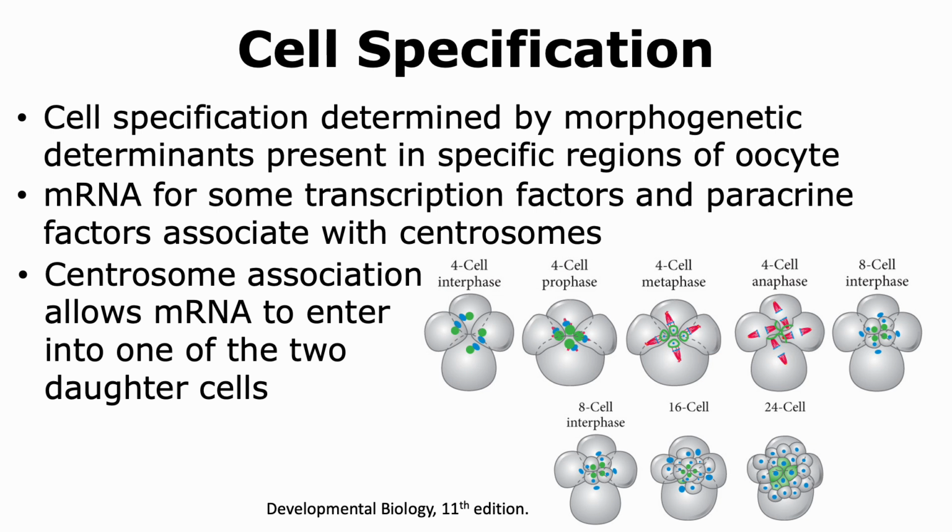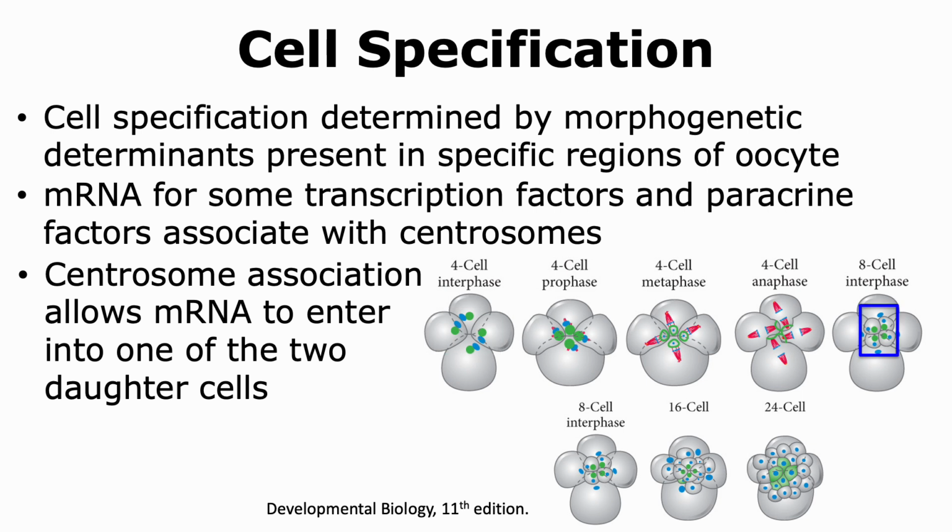This is what is shown in this figure, where let us look at this 4-cell phase, where we're going to have the mRNA of a transcription factor or a paracrine factor that is shown in green. And it likes to associate with the centrosome that is shown in blue. So in this case, the mRNA is present in all 4 cells, and it is associated with the centrosome.